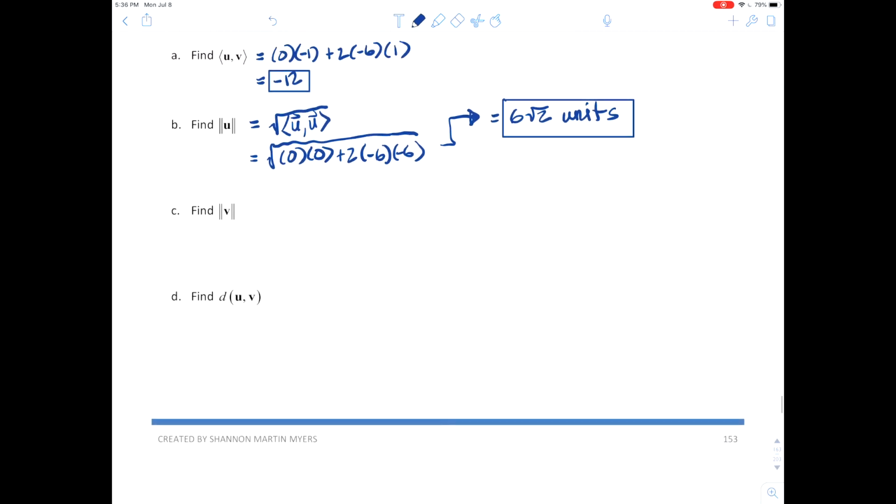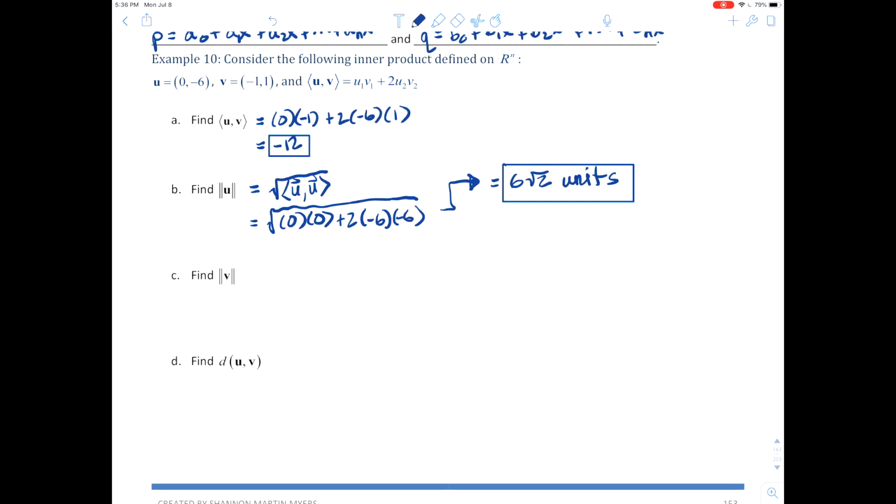All right, the magnitude of v, again, is going to be the square root of the inner product of v with itself, which will be the square root of -1 times -1 plus 2 times 1 times 1.